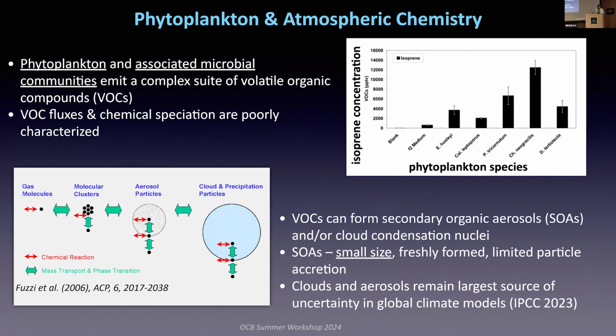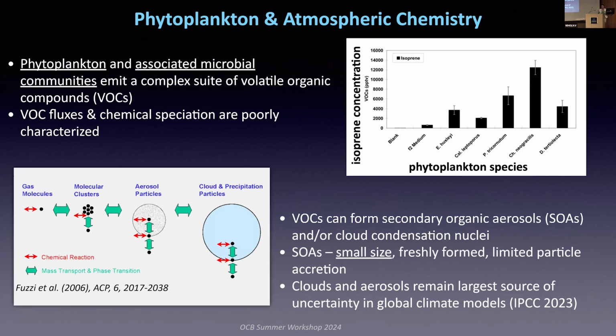Okay, so as we heard this morning in Kim's wonderful talk, phytoplankton and their associated microbial communities, the bacteria, emit a complex suite of volatile organic compounds, not just DMS, a complex suite of lots of different things. However, the fluxes and the chemical speciation of these VOCs are fairly poorly characterized.